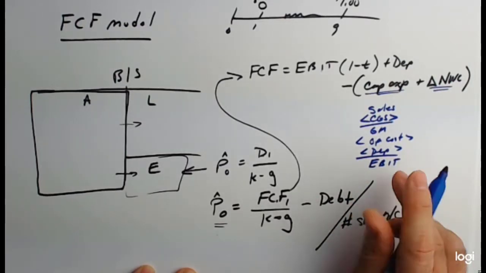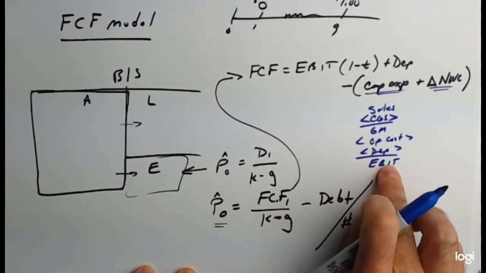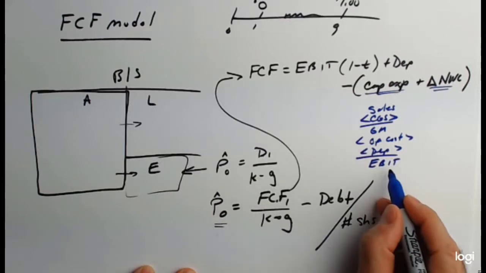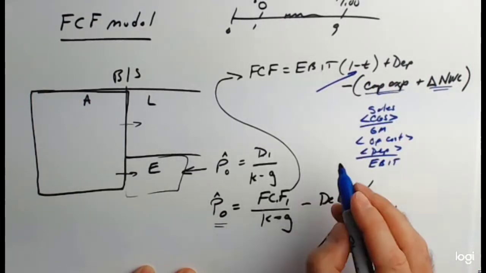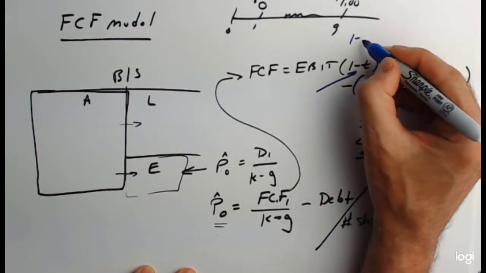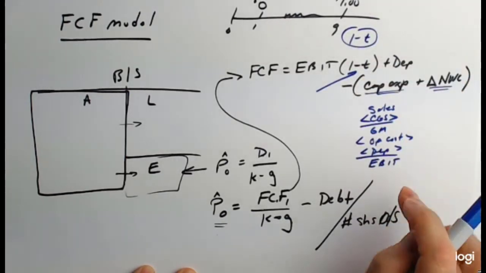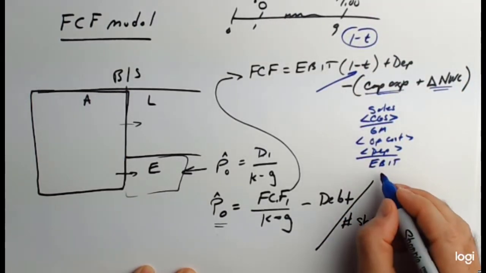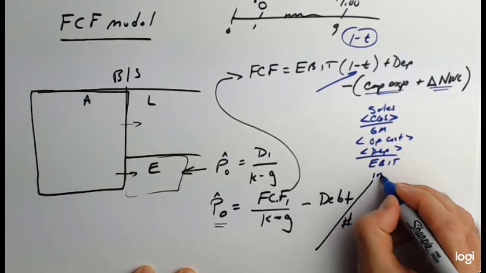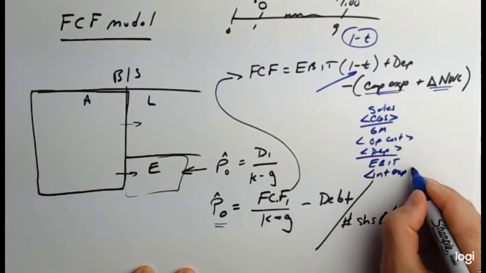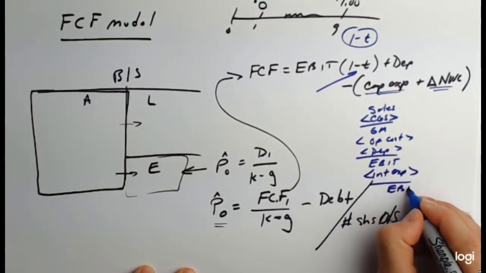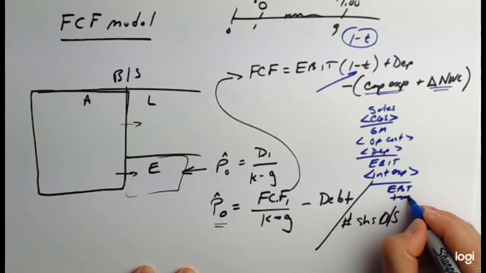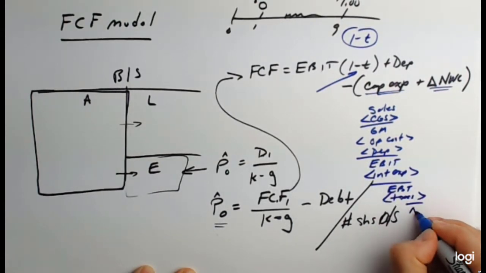So we don't want to deduct interest off here yet, but we want to take off the taxes. That's what this says. So it's 1 minus the tax rate that we're going to multiply this by. And if you finished out the rest of the income statement, this would be interest expense, this would be EBT, and then you'd have taxes, and then you'd have net income.